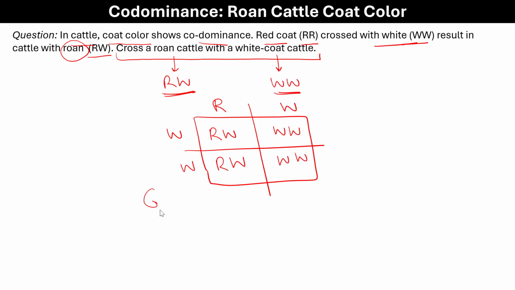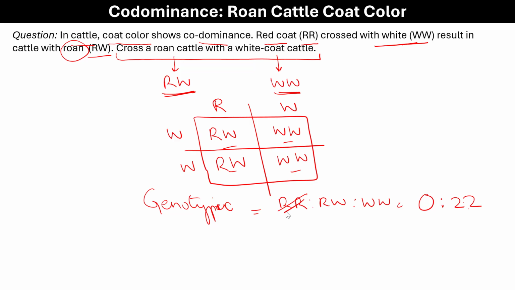So if you have to talk about genotypic ratio, it will be RR, RW, WW in the ratio of 0:2:2. Or you can also just write, you don't have to even write this, you can just say RW and WW are in the ratio of 2:2.